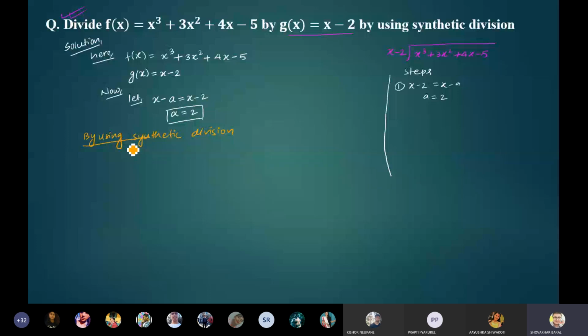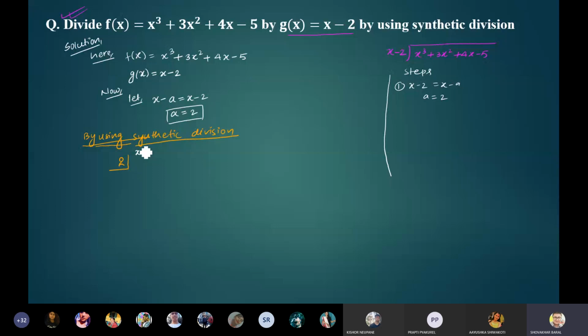Okay, let me erase this one. By using synthetic division, see here how to use it. Be very careful again. This 2, the divisor value, must be written on the first line, and we need to write the coefficients here. Let me guide you with the variables also.